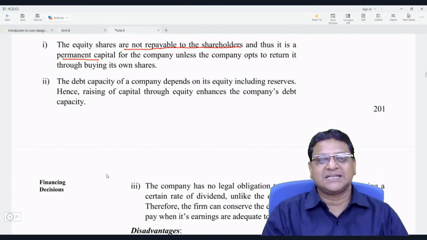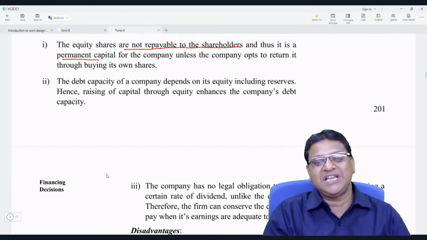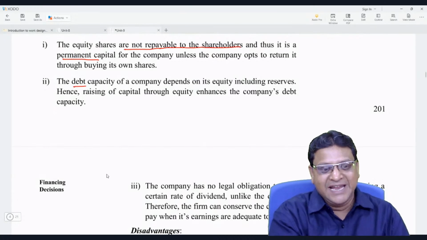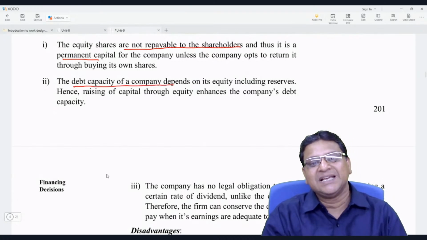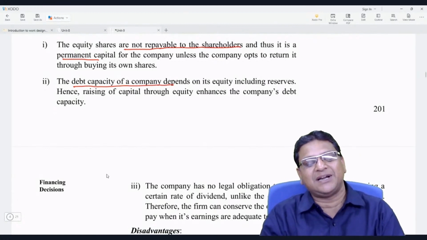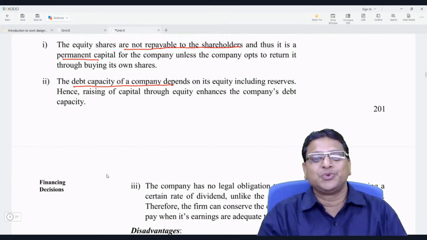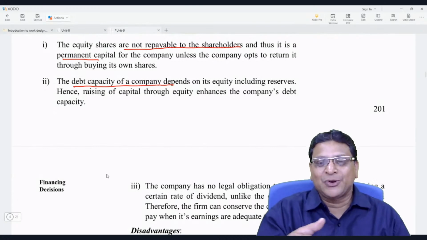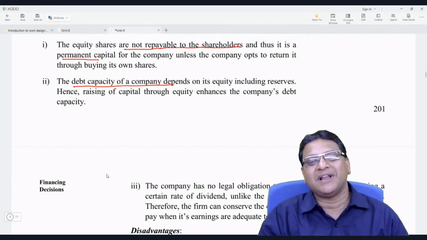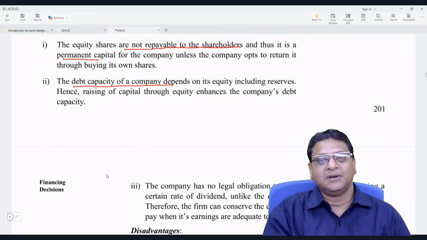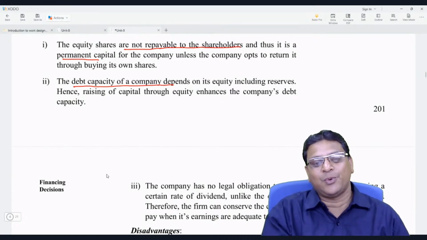Next, if a company has more equity shareholders, its debt raising capacity increases. Financial institutions are interested in providing finance to those organizations which have a higher equity percentage in their capital structure, because equity shares provide a buffer to the debenture and debt holders.